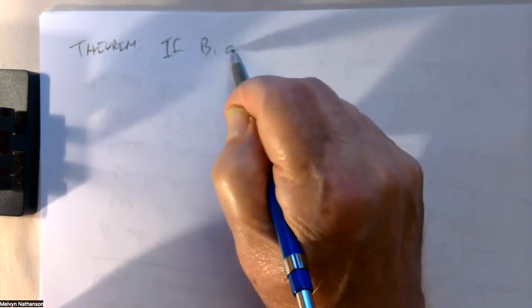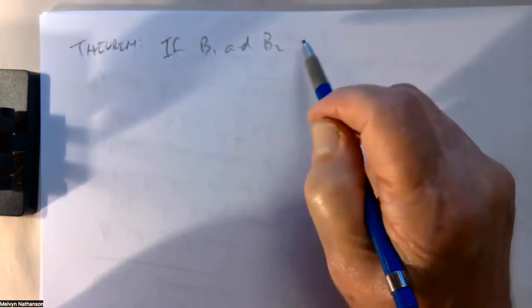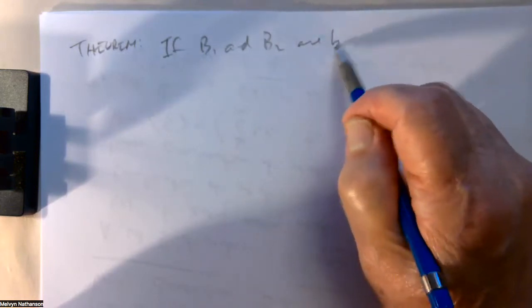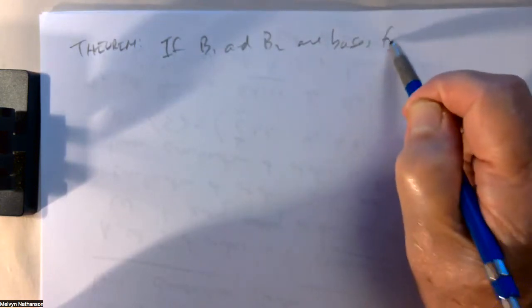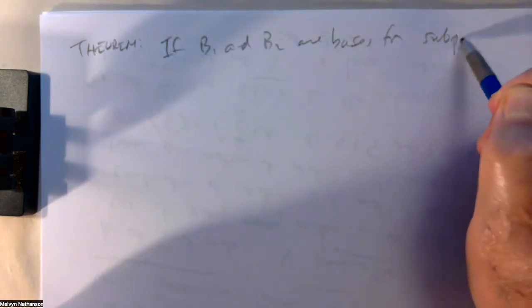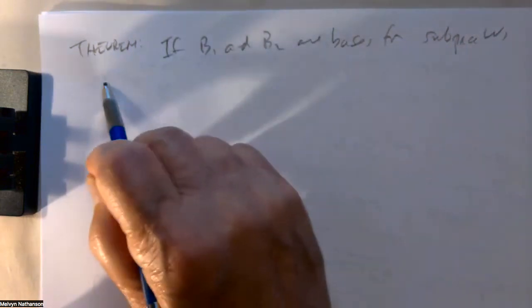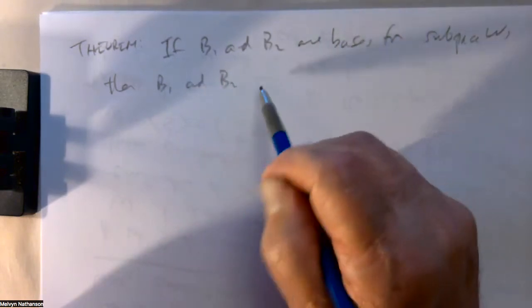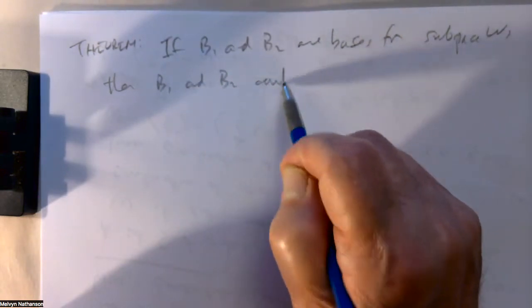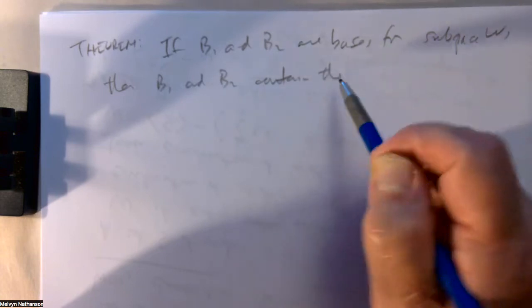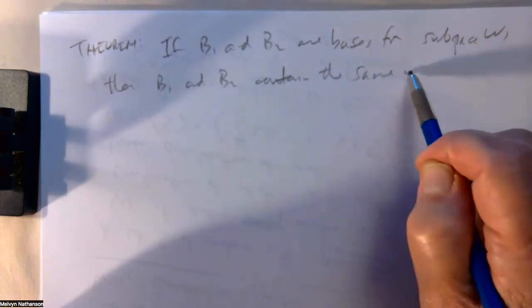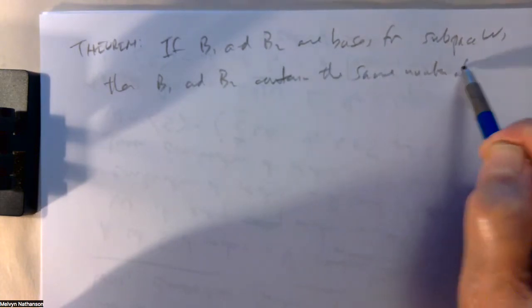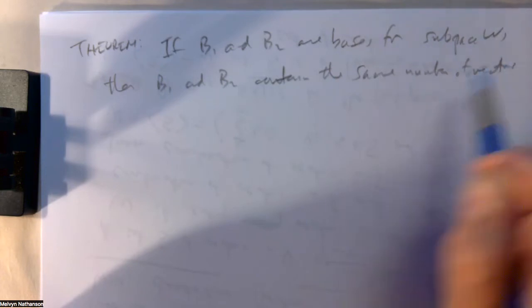If B1 and B2 are two different bases for the subspace W, then B1 and B2 contain exactly the same number of vectors.